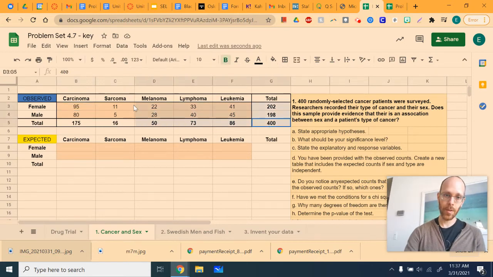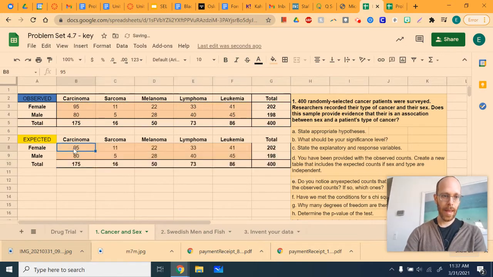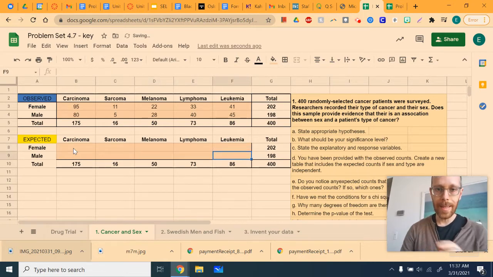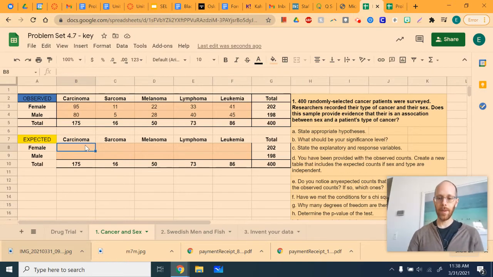So the first thing that I do is I copy these data down here, and I delete the observed counts. As you'll recall, the idea is that we want to hold the row totals and the column totals constant, and then look at what we would expect to have here.